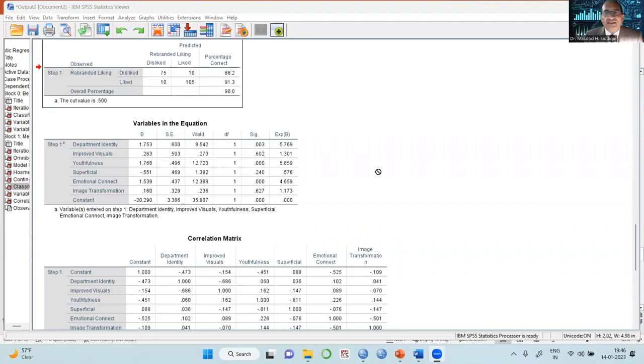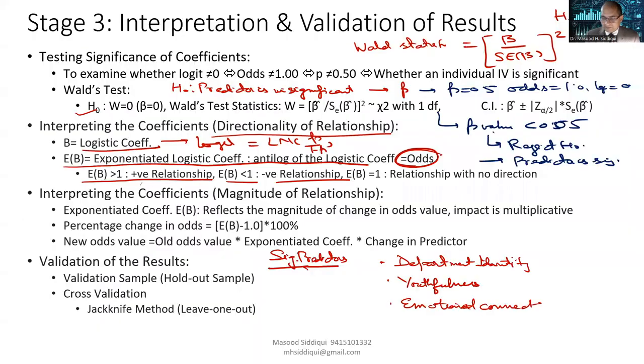After that, we consider the magnitude of the relationship, means which one is at the top of the hierarchy of the significant predictors. So here also we will be interpreting the exponentiated coefficient, as we discussed on the PPT.